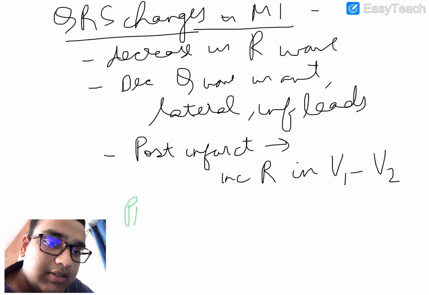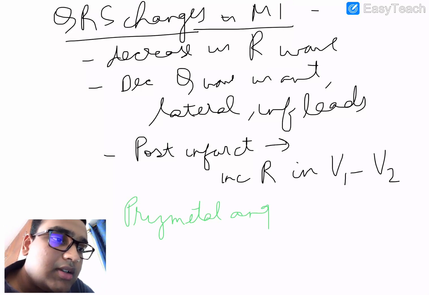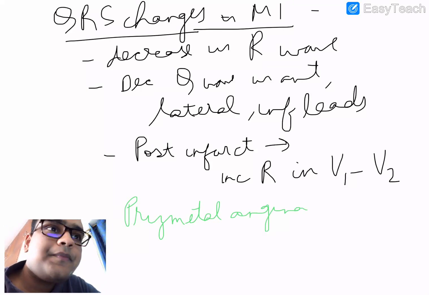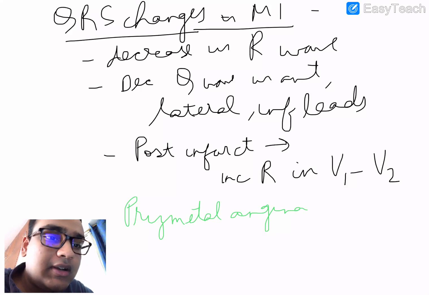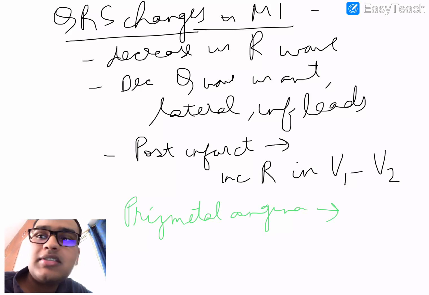The first is Prinzmetal angina. In Prinzmetal angina, there is no complete block, but just a transient deprivation in the oxygen supply.